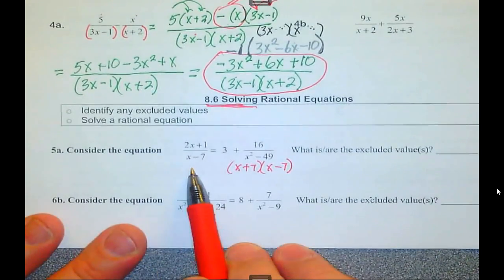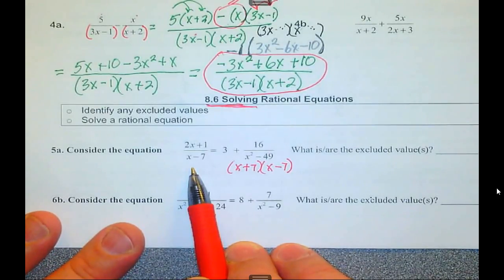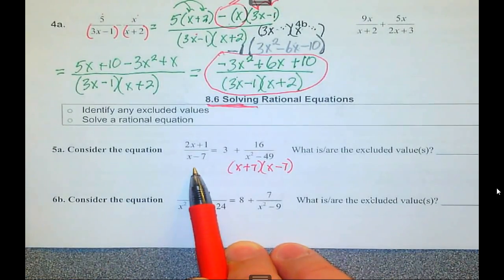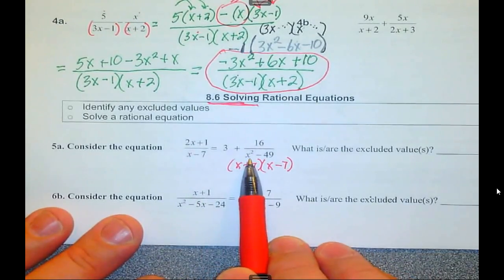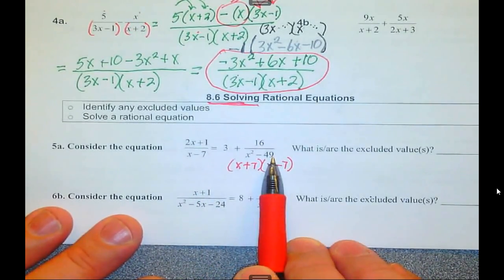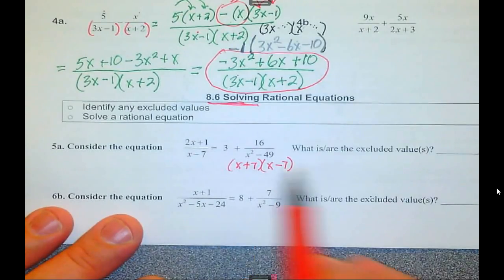I can't have 0 in the denominator. If one of these fractions becomes 0, then I'm done, because it's undefined. So first thing, factor everything and set all the factors equal to 0.